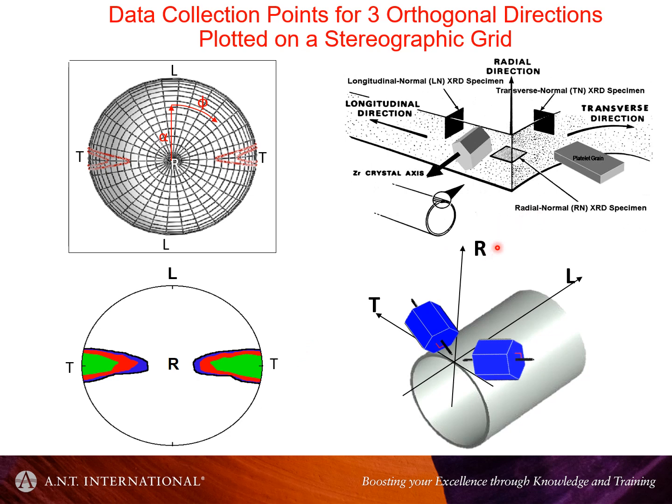So this is typical of many tubular zirconium alloy components. And this is for a pressure tube, and what it tells us is that in this particular instance, most of the c-axes are oriented close to the transverse direction.